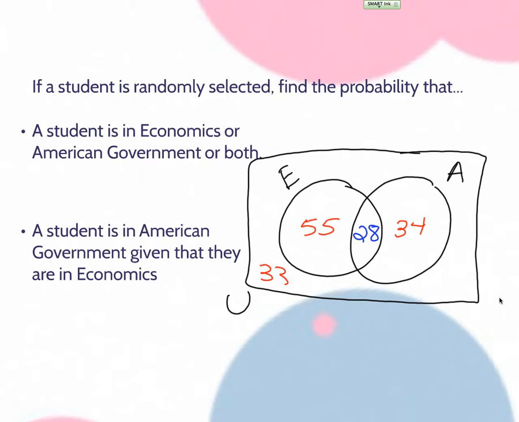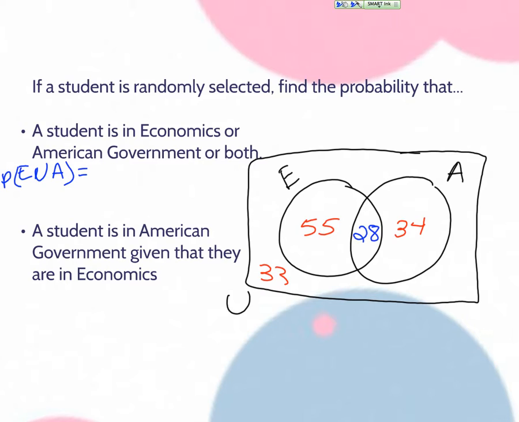So what do you want me to show you first? Using the formulas or just using the Venn diagram? The formulas? All right. So when we think about the formulas, and when a student is in econ or government or both, that is the probability of that union.